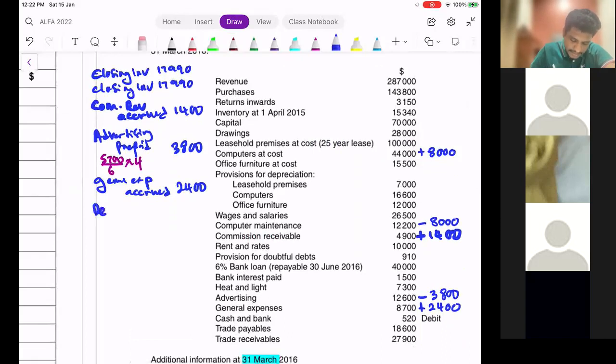Calculate here. Depreciation of the leasehold premises. How to calculate? You take the 100,000 cost, divide by the useful years, which is 25.